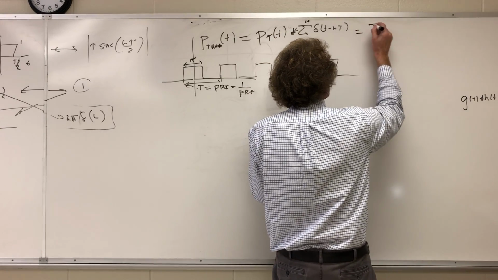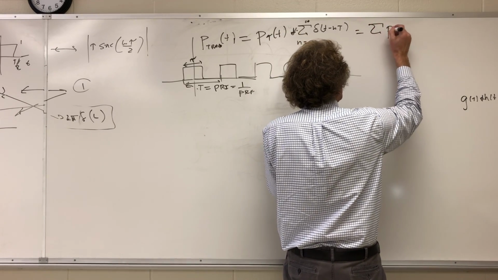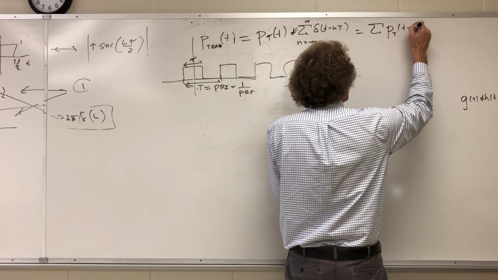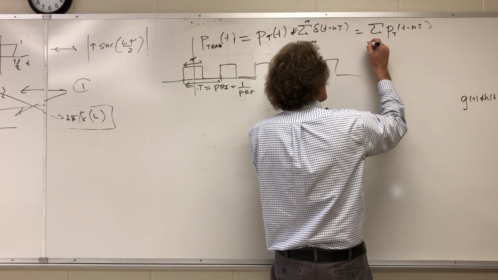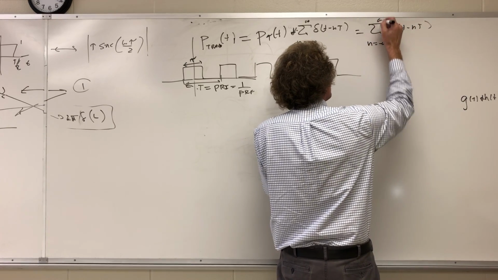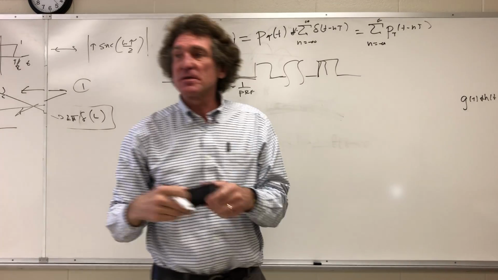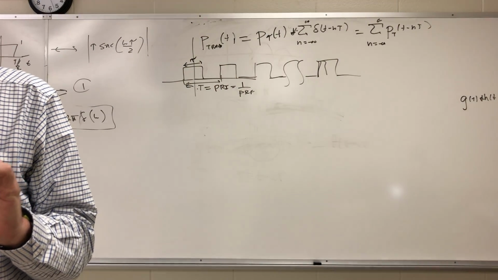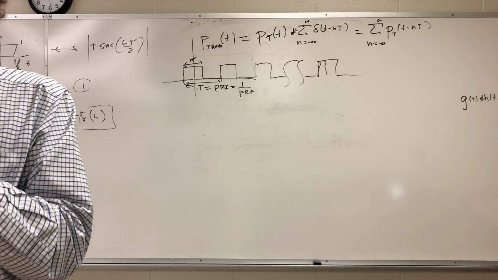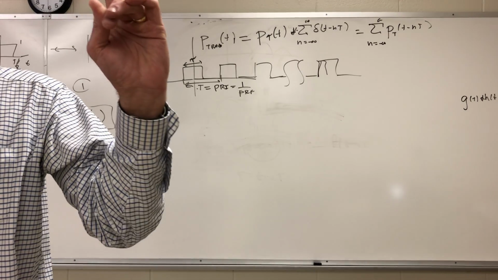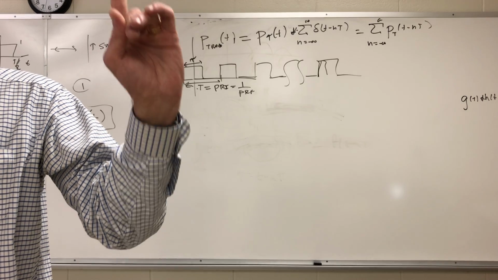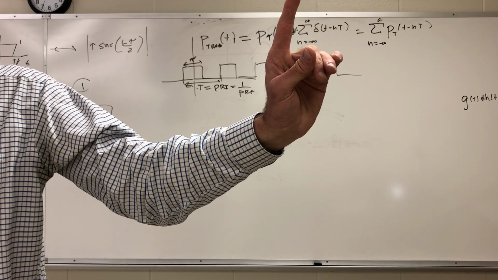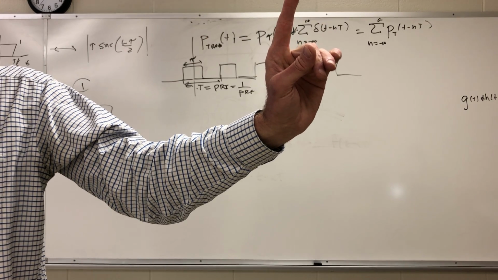Now I have an infinite series of simply p tau of t minus nT, where n goes from minus infinity to infinity. And that, in fact, is an infinite series of pulses, all moved by T, capital T, right? When n is 0, it's the center one, t equals 0. When n is 1, now it's centered at capital T. n equals 2, now it's centered at 2T, and so forth. Got it? So that's an infinite series.